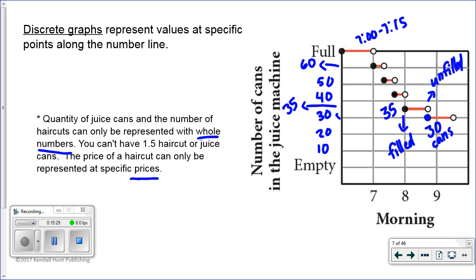So right here, in other words, my unfilled circle means that that's where I jump down to my next value. All right, I know that got a little confusing. So my unfilled circle is where I jump down to the next point. So I go from 35 cans to 30 cans at that unfilled circle.